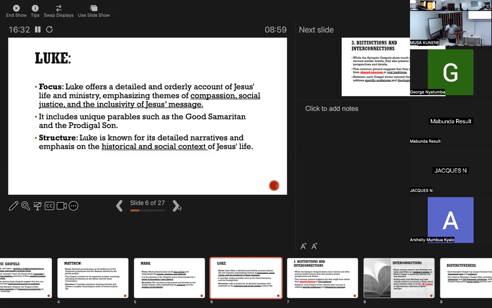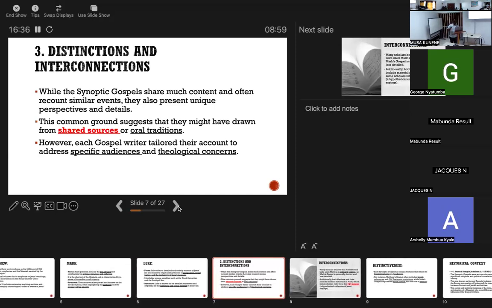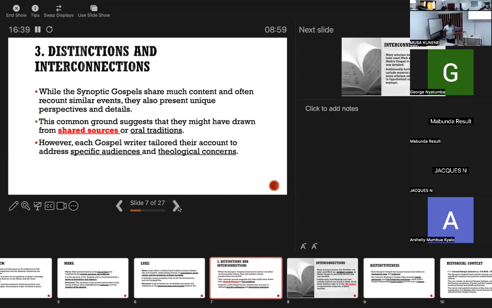Okay, there being no question at this point, let us look at some distinctions and interconnections among the three Gospels that are our concern. Now, while the Synoptic Gospels share much content and often recount similar events, they also present unique perspectives and details.